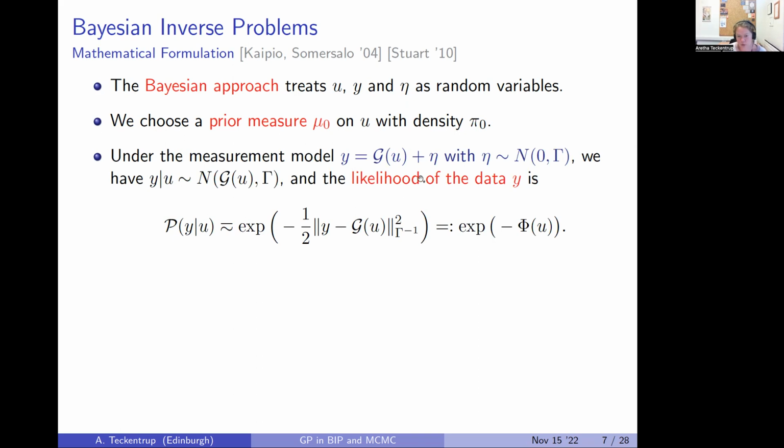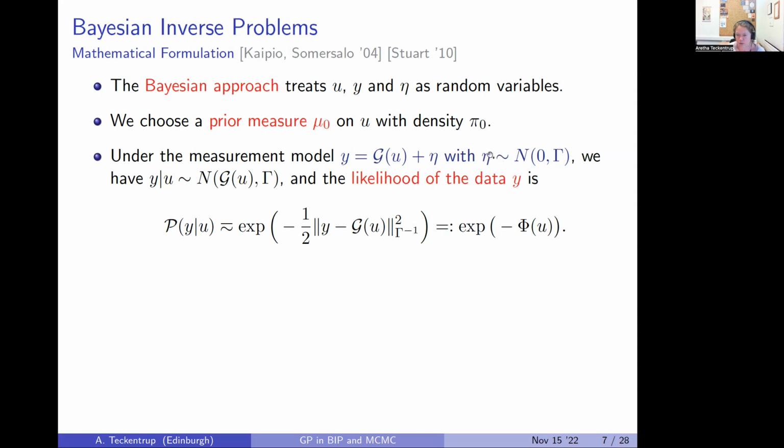You then look at the likelihood of the data. So this is the probability density of observing the data Y given a particular value for your parameters U. The way that you get this is from your observation model. So we're assuming that Y comes from G of U plus eta. If you fix U, G of U is just a constant.